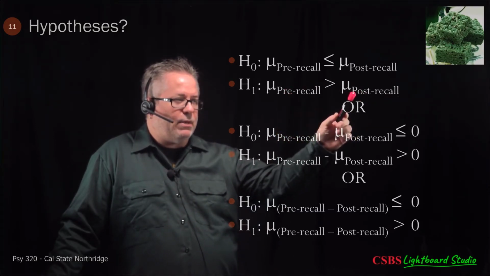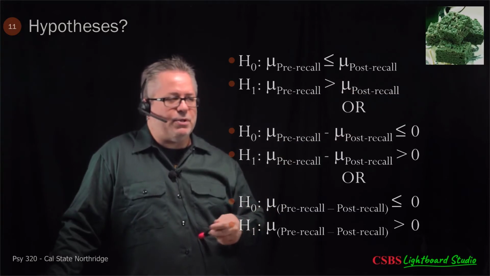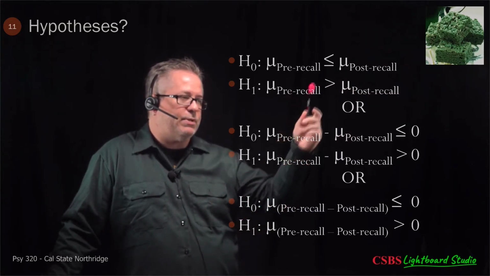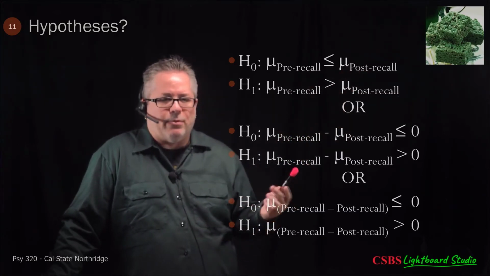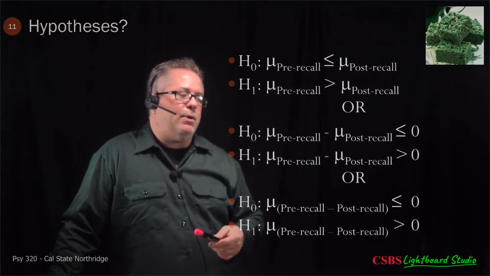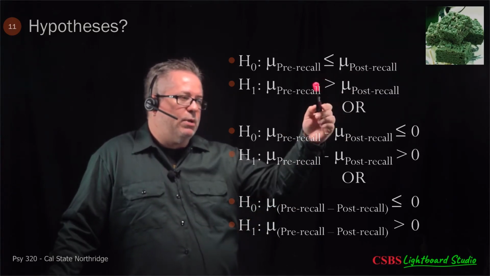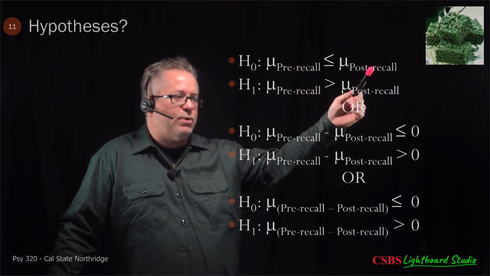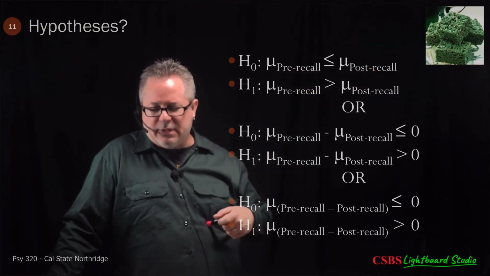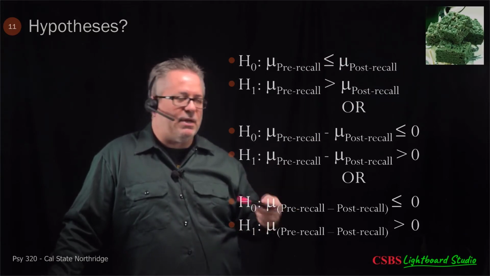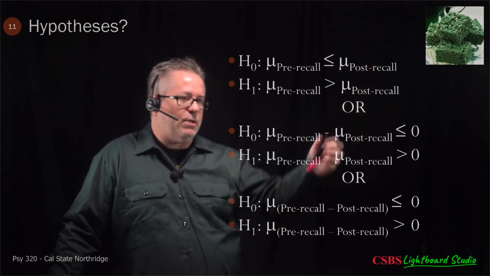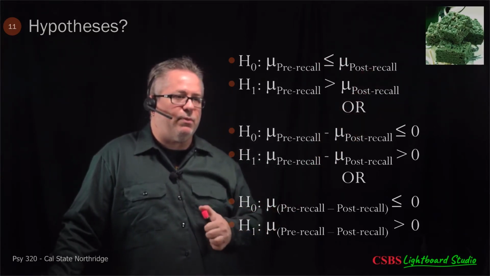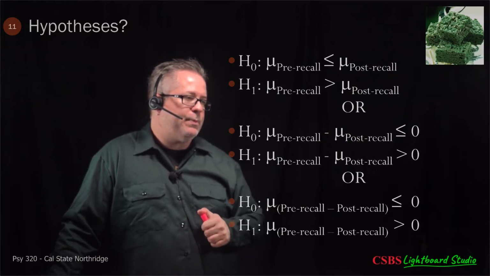And that means the null is going to be, well, if there's no difference, they're going to be equal. People are going to remember the same amount of words either way. Or it could go the other direction, where for some reason people's pre-recall is worse than post-recall. Like somehow the THC helps their memory. They actually remember things better at post, and people end up scoring higher. That would be the opposite of what the research hypothesis is.